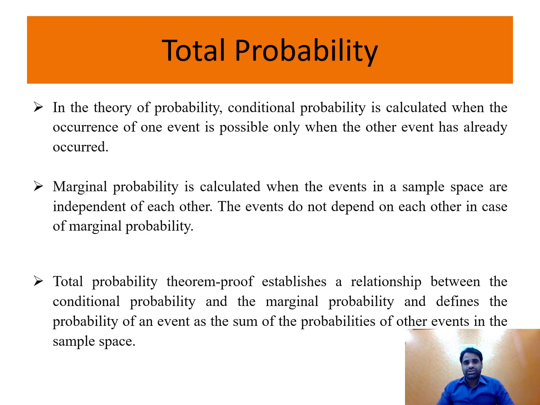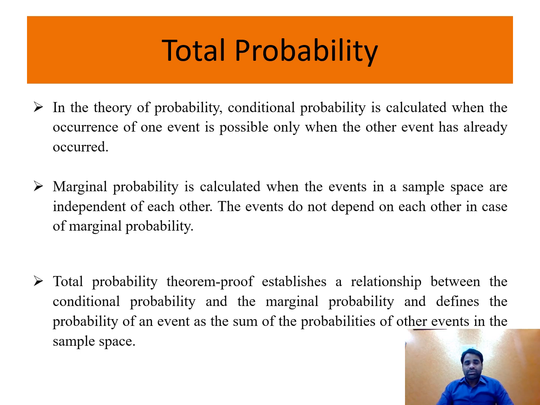Probability of A union B equals probability of A plus probability of B minus probability of A intersection B. When the two events are statistically independent, probability of A intersection B equals the multiplication of the marginal probabilities, that is probability of A into probability of B. And if the two events are mutually exclusive, probability of A intersection B equals 0, that is nothing but the empty set, right?